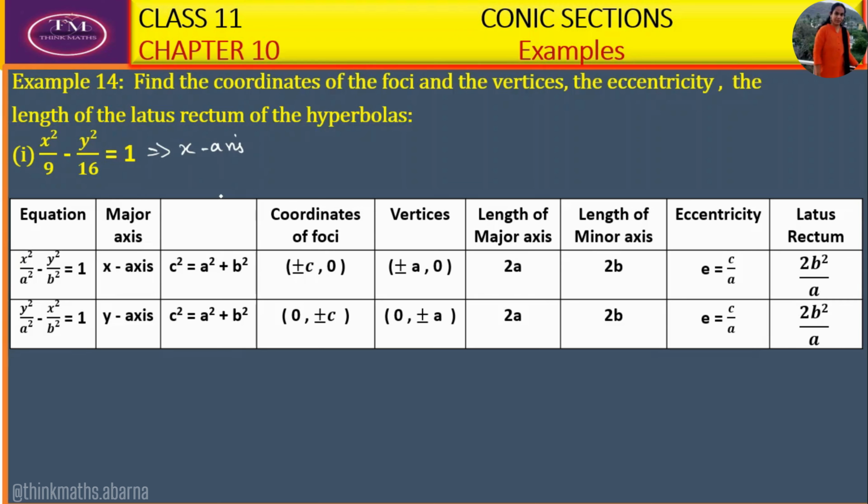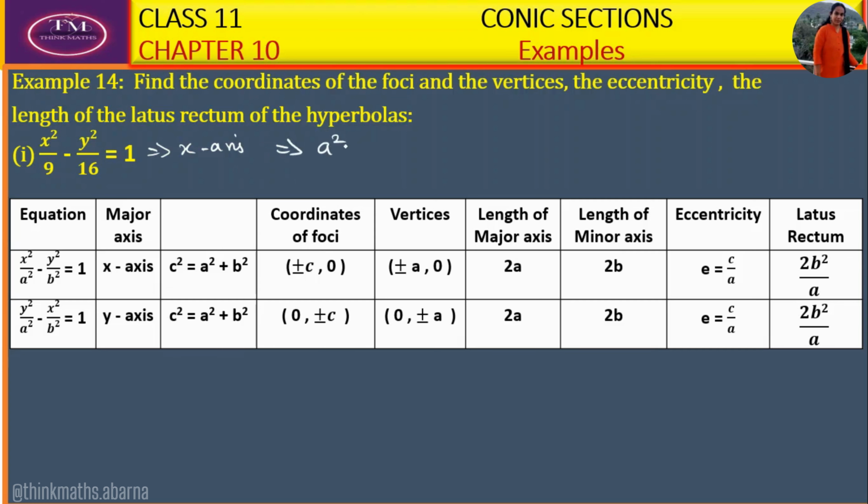Okay. So if it is on the x-axis, we have foci as plus or minus c comma 0, vertices as plus or minus a comma 0, length of major axis is 2a, length of minor axis is 2b, eccentricity is c by a, and latus rectum is 2b square by a. As we did for the ellipse, we have to follow the same procedure. So this is on the x-axis.